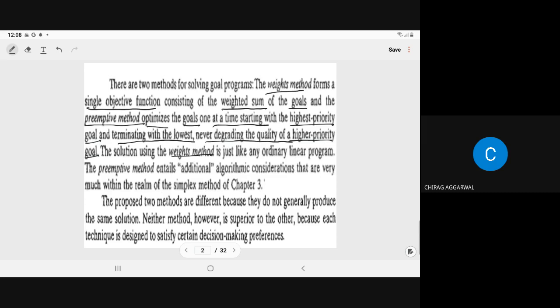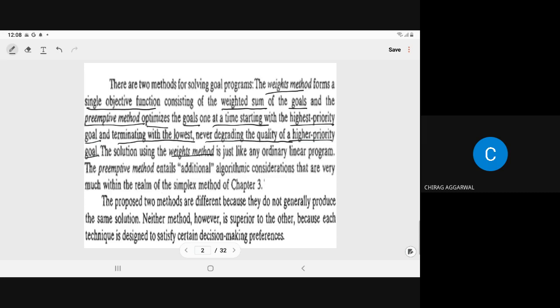We cannot say which method is superior. We cannot say that the preemptive method is superior to the weight method or the weight method is superior to the preemptive method. The only advantage of the weight method is that whatever knowledge you have about the simplex method, you can directly apply.